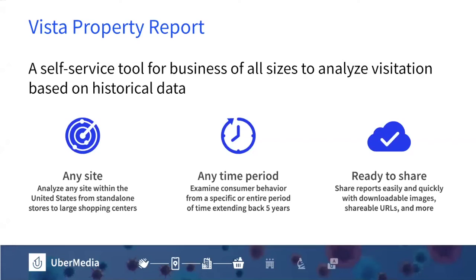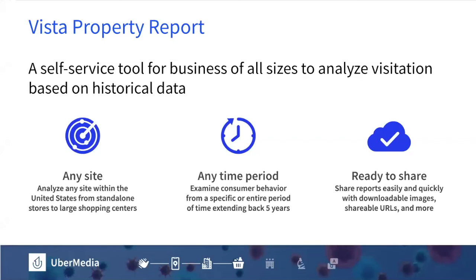Okay. Looks like I have some other questions about our Vista property report. The other question that came up is, it looks like I geofenced the entire shopping center, which I did. I went into a satellite view and drew the boundaries of Fresh Pond Mall. Do you need to have a polygon for each individual brand within the shopping center?